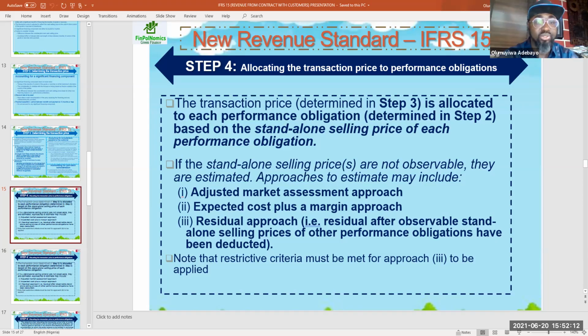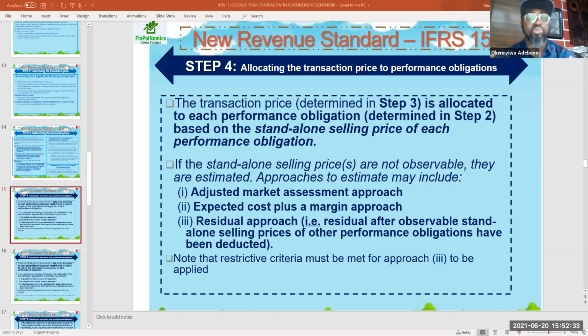I think it is residual approach, adjusted market assessment, or expected cost plus margin.